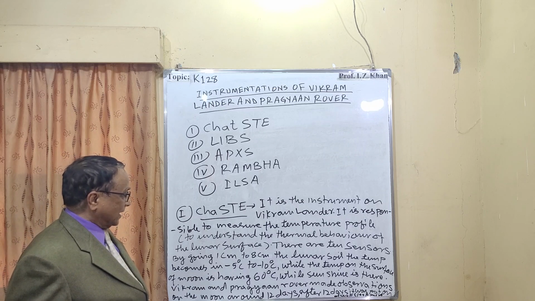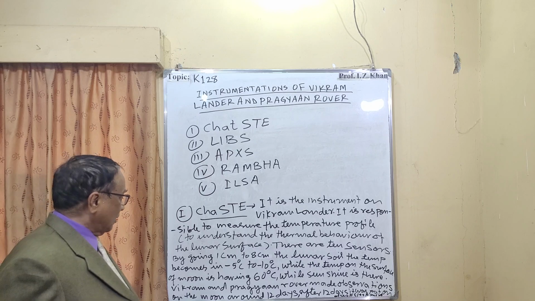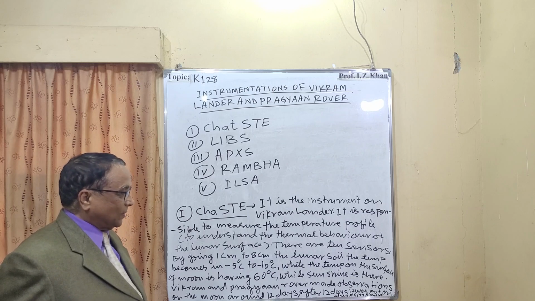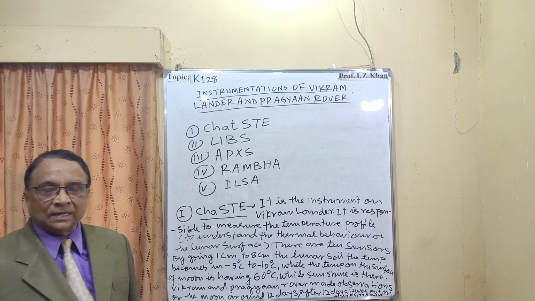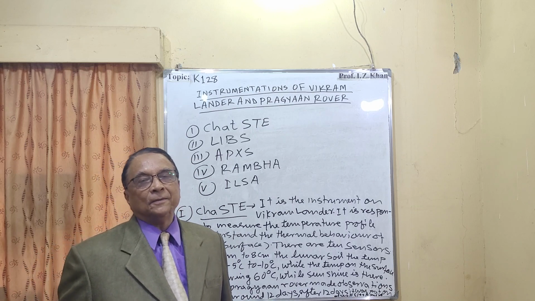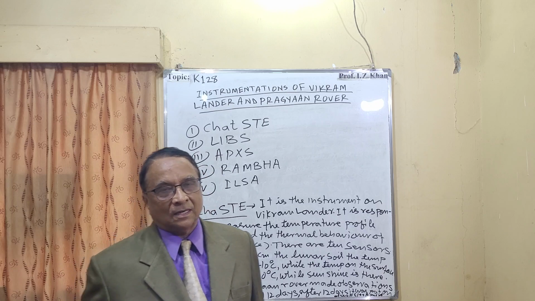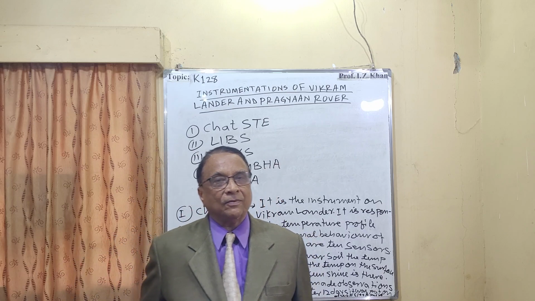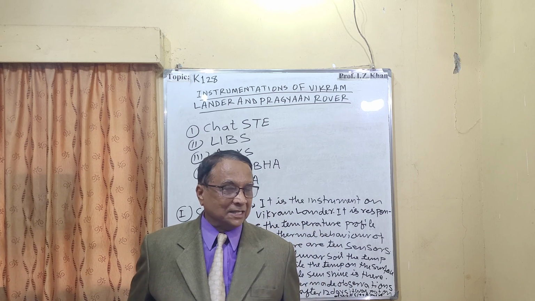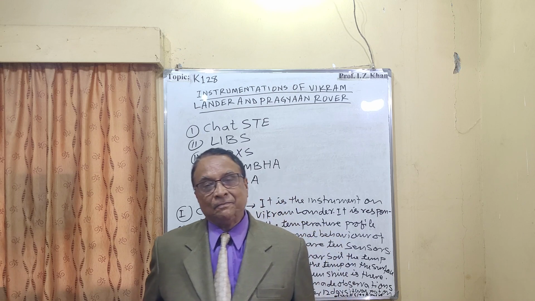Vikram and the Pragyan rover made observations on the moon for around 12 days. After 12 days, it was put into deep sleep mode, and it was only restarted on 22nd September. But if I say it started, it doesn't mean that it has started sending signals.